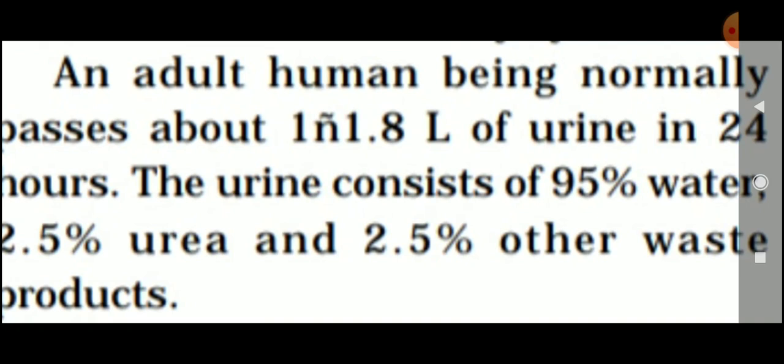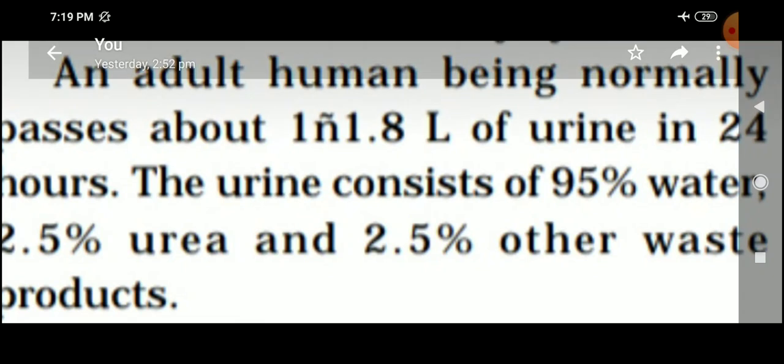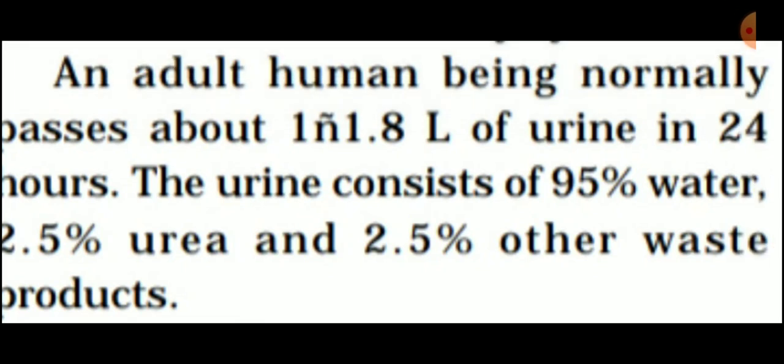This is very important, one mark. So, students should underline the word. Page number 127. Urine consists of 95% water, 2.5% urea and 2.5% other waste products. Okay. Are you clear?